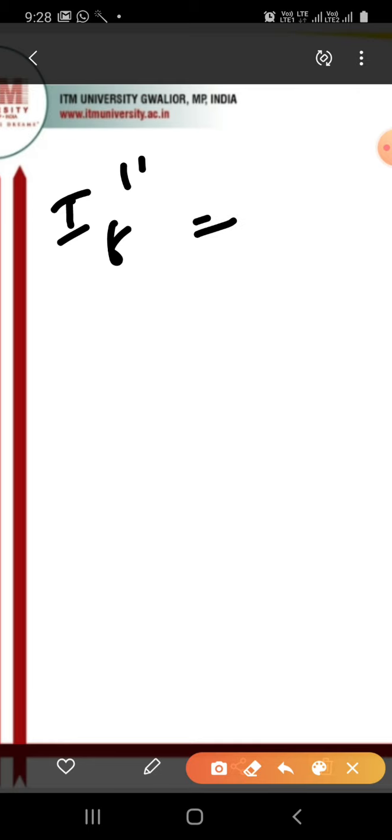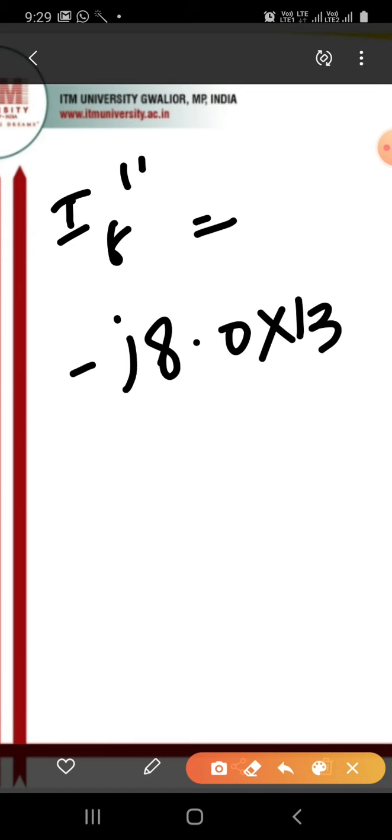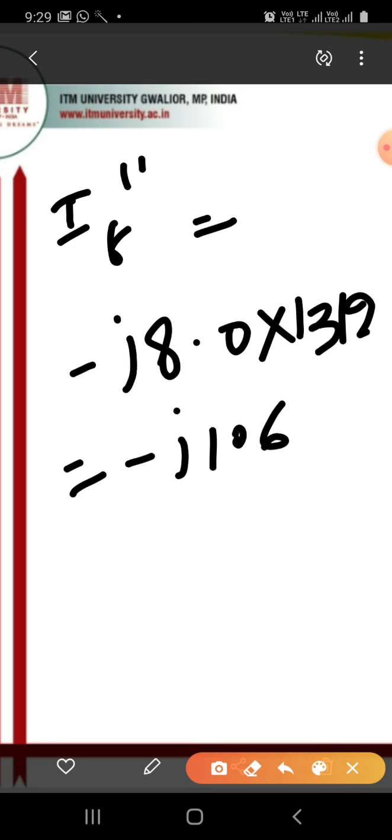So If double dash is minus j 8.0 into 1312, which is equal to minus j 10,600 ampere.